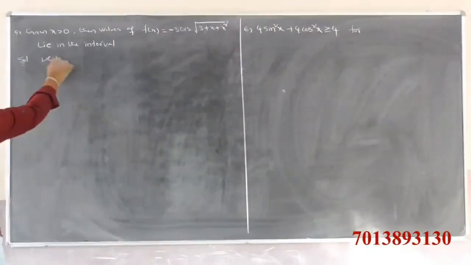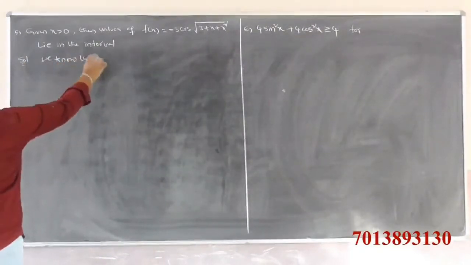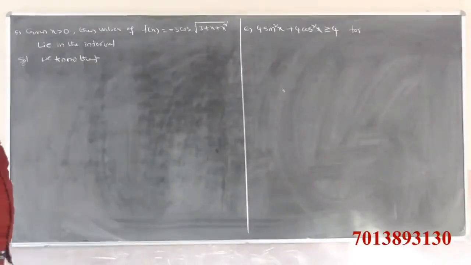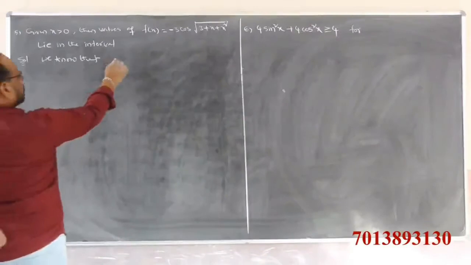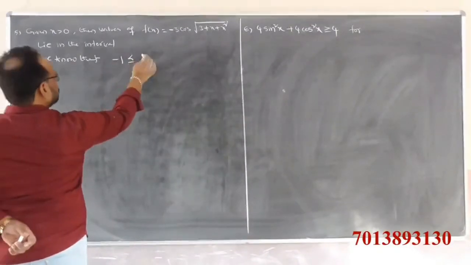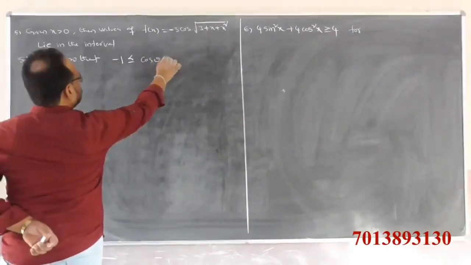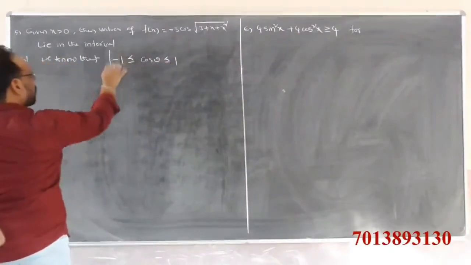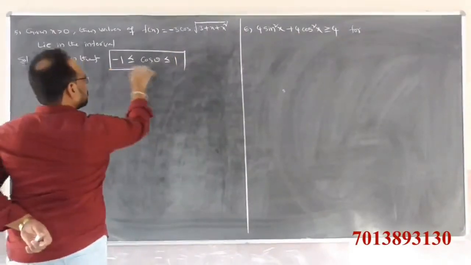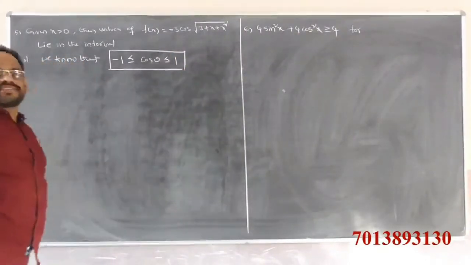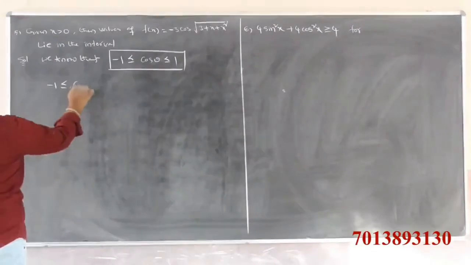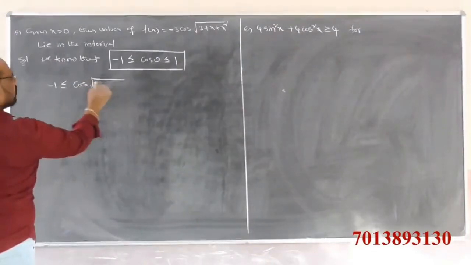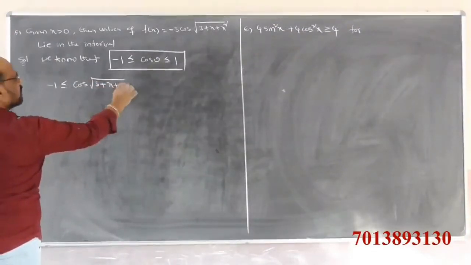We know that cos theta lies in the interval minus 1 is less than or equal to cos theta, which is less than or equal to plus 1. So they gave the cos function: minus 1 is less than or equal to cos of the square root of 3 plus x square.